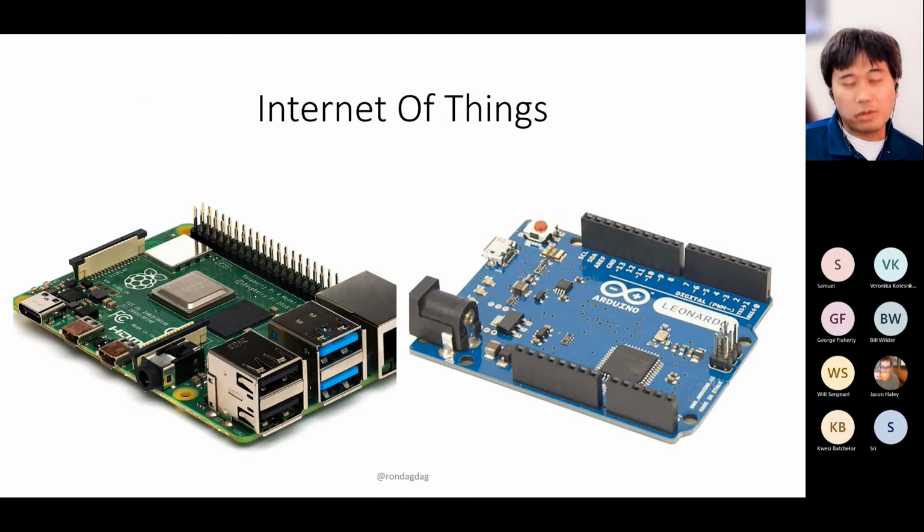Typically, when you want to start learning about Internet of Things, a lot of resources are available. If you've heard of Raspberry Pis or Arduinos, those are typically the ones that people start with. The difference between the two is that Raspberry Pi is a microprocessor.